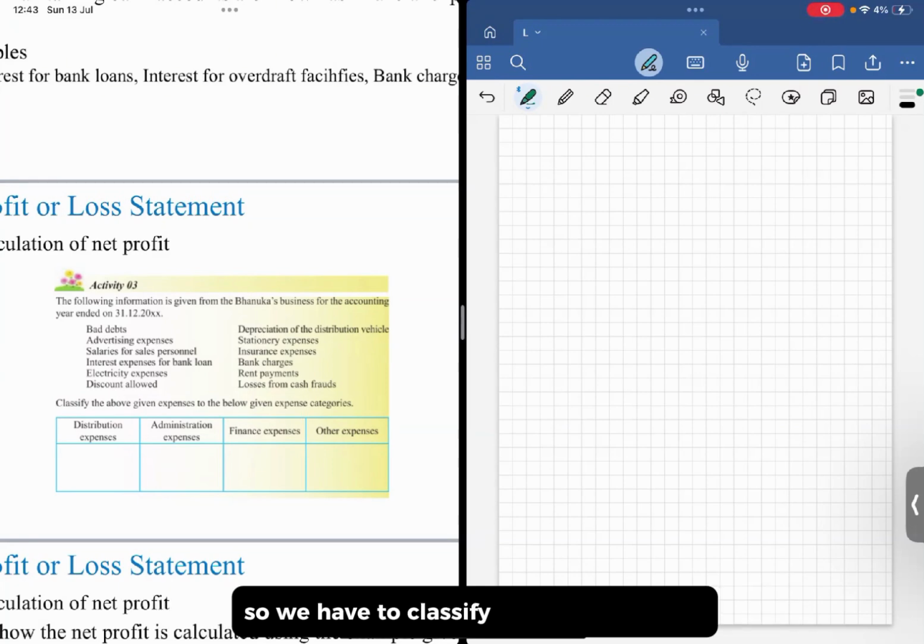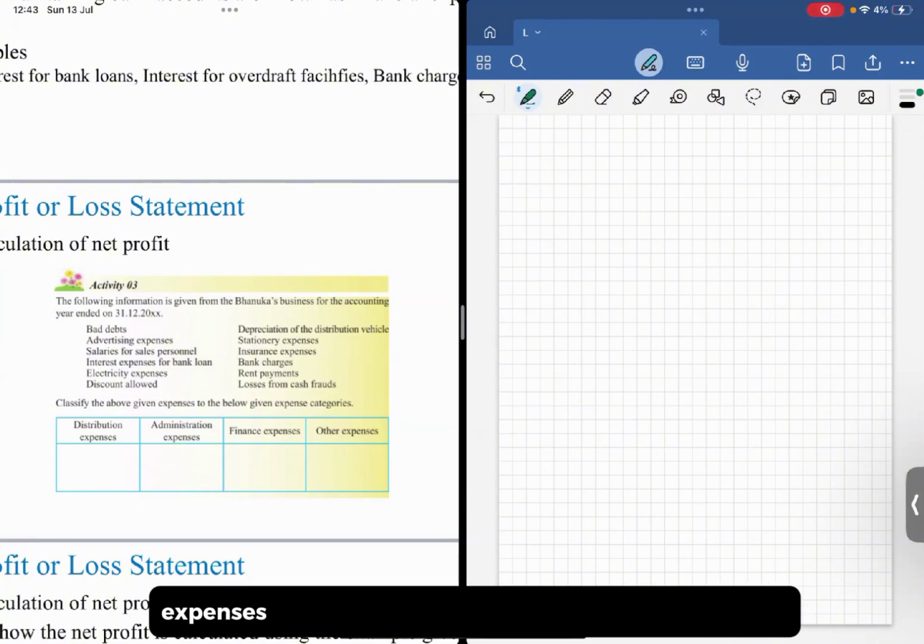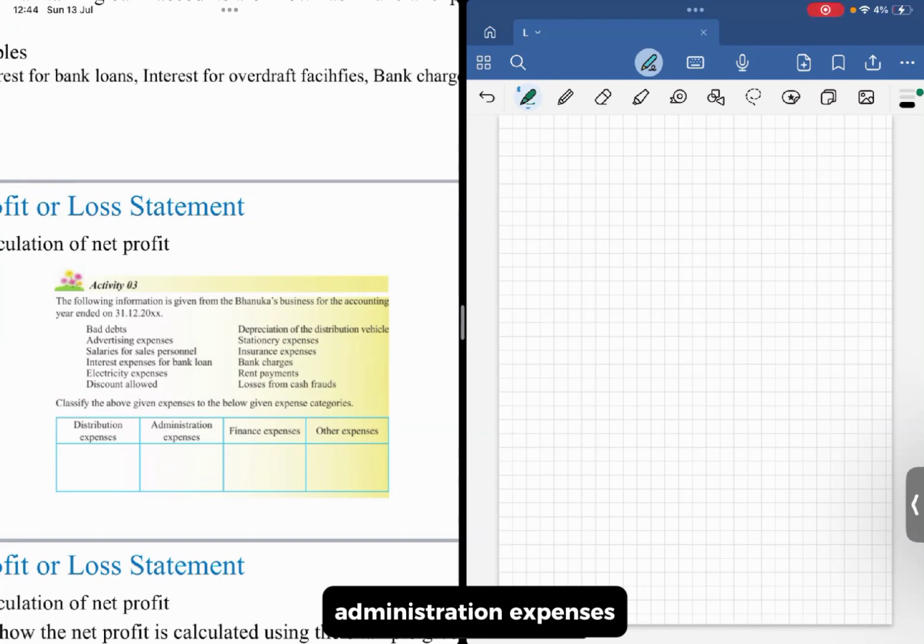So we have to classify the above expenses into the categories given below: distribution expenses, administration expenses, financial expenses, and other expenses.